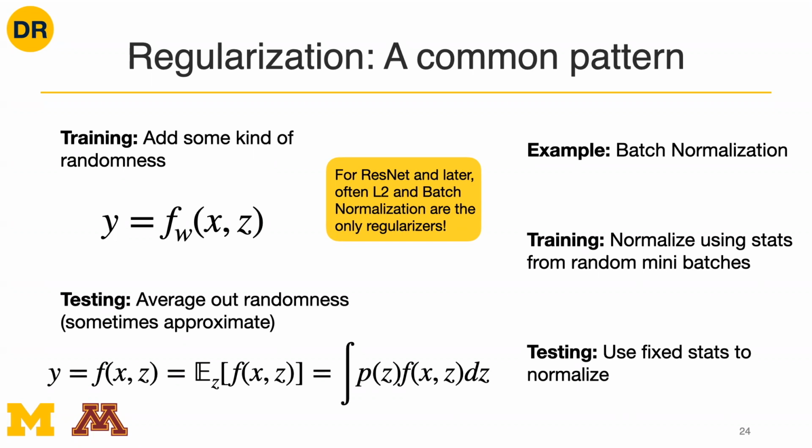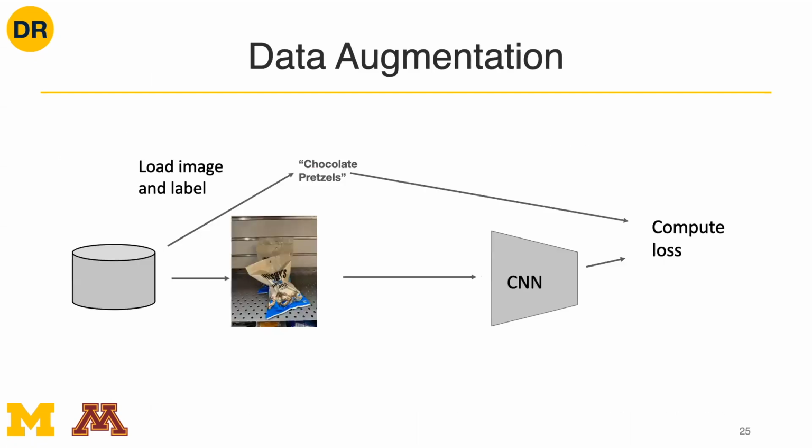One other way of inducing randomness during the training is by doing data augmentation. So you load an image and it's labeled, and you pass the image through the CNN, and the CNN gives you a score, and then you can compute a loss with respect to the label.